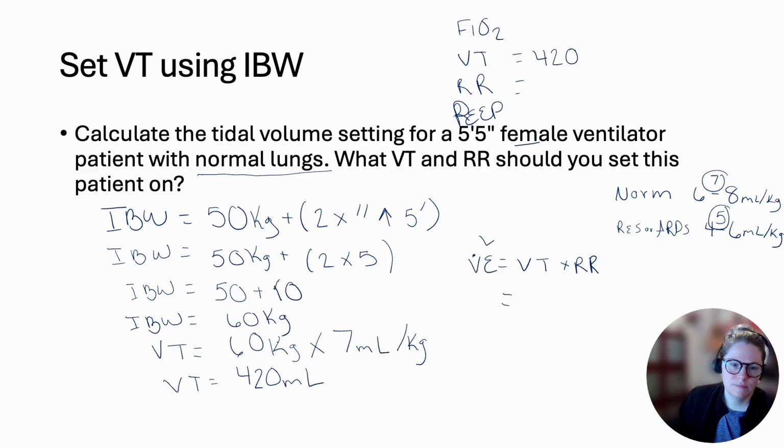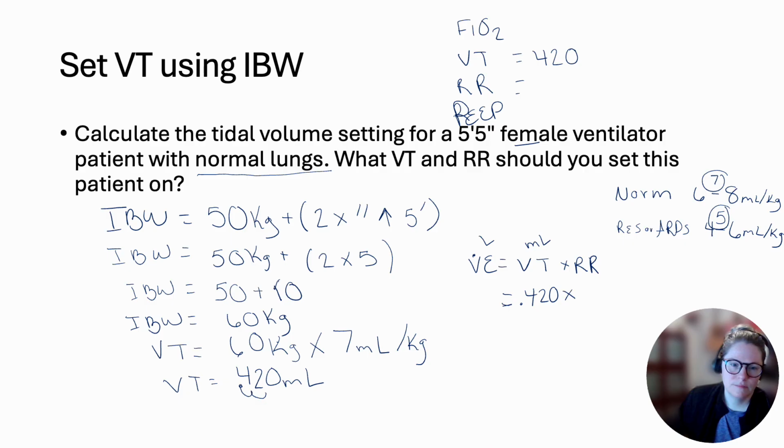Tidal volume that we have here is in milliliters. So let's convert. That's going to be just moving that decimal over. So now we have 0.42 times a respiratory rate of our choosing.